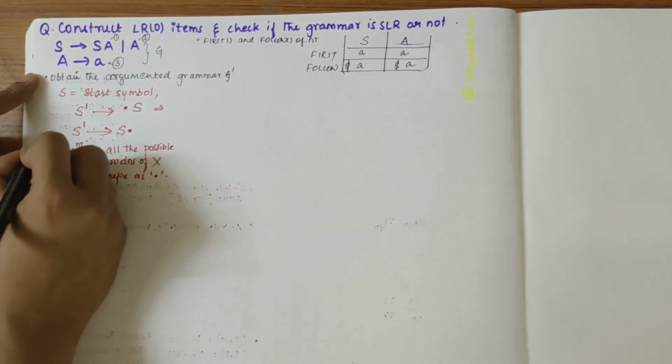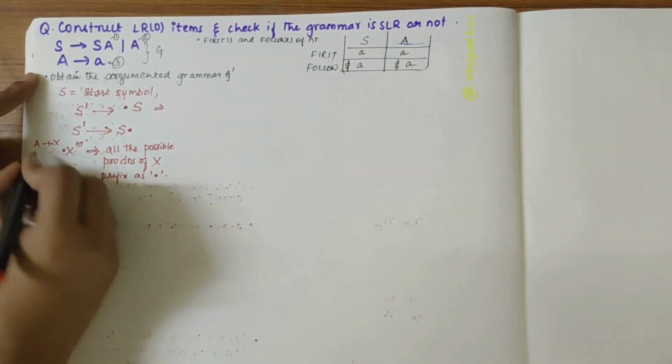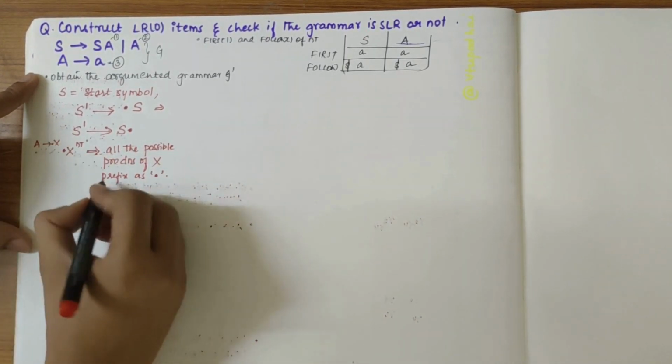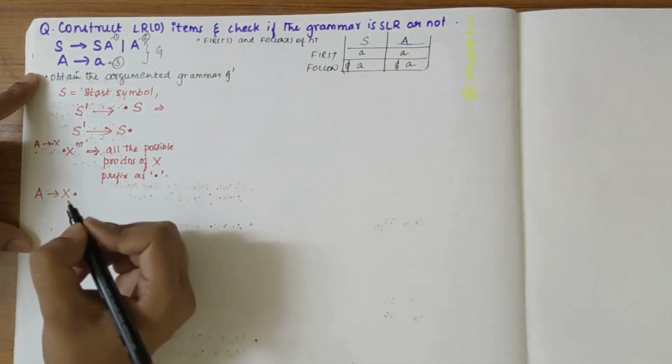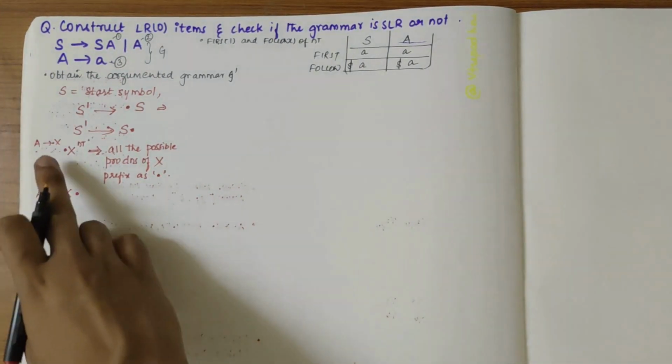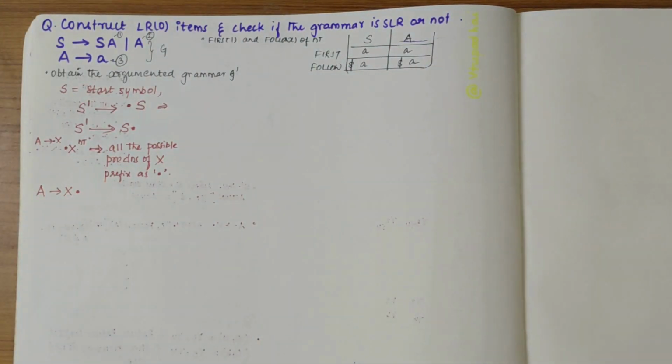So if it's of the form A derives dot X, I should convert it from A derives dot X to the form A derives X dot. So my aim is to shift the dot from the starting to the end. So let's start writing the augmented grammar.